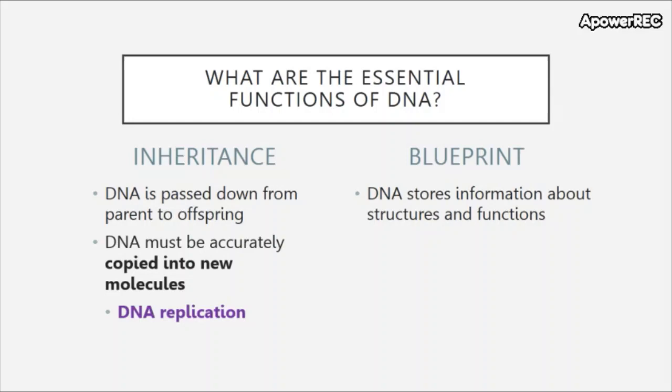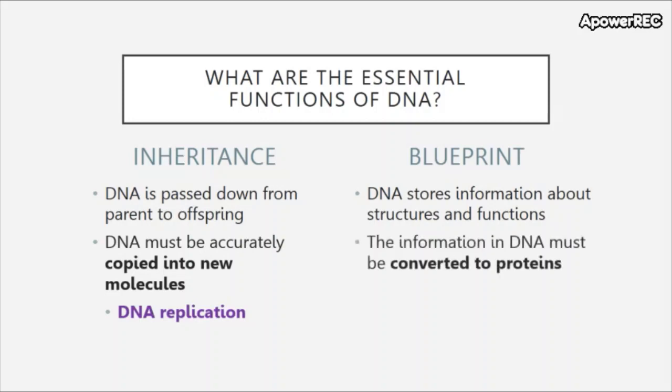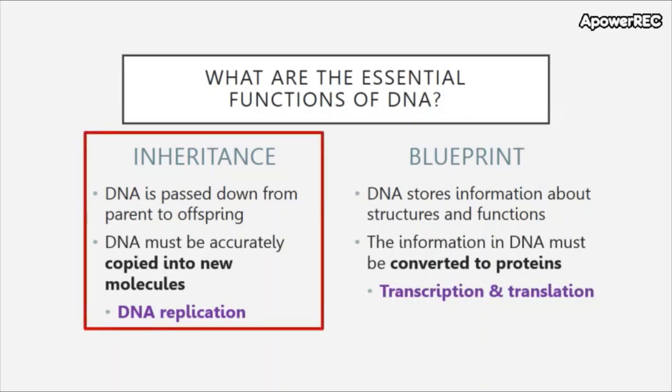It does serve a purpose for the cell. So it stores information about structures and functions of the cell. The information in DNA must be converted into proteins. And to do so, the cell does a process called transcription and translation. For this first lecture, we're going to focus in on inheritance, and then in the next lecture, we'll cover the blueprint.